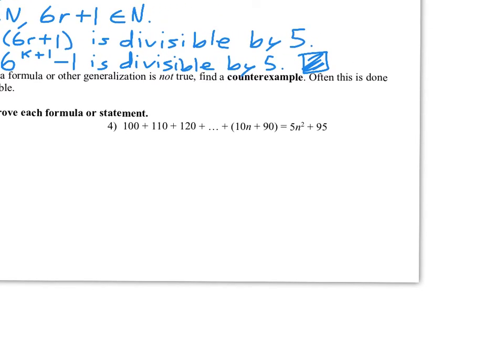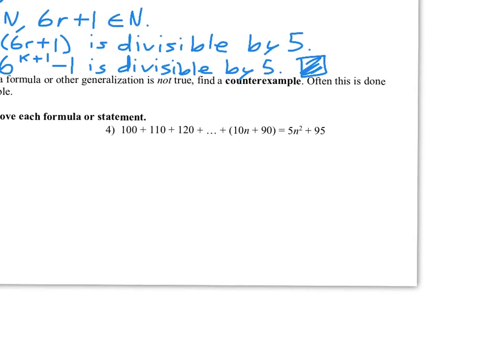Okay, number 4. So let's plug in 1. If we plug in 1 on the right side, we get 100. If I plug in 1 here, I get 100, so 1's not a good counterexample.